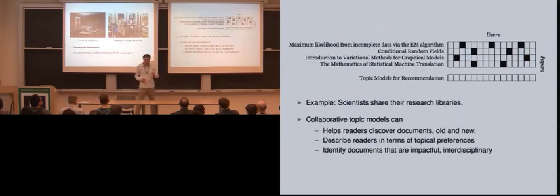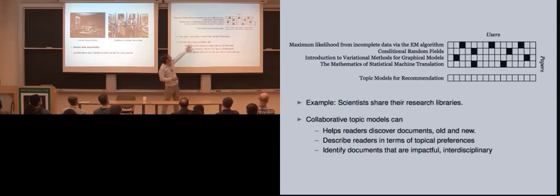Our example is going to again be scientific articles. Probably many of you have BibTeX files on your computers, and what we want to do is take in all of your BibTeX files as data.